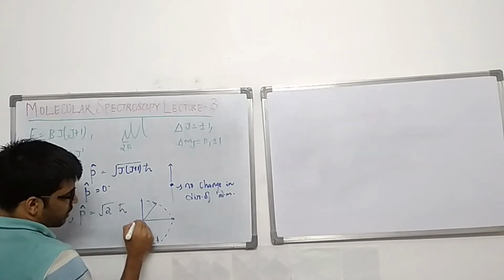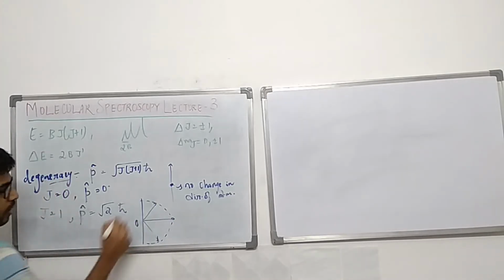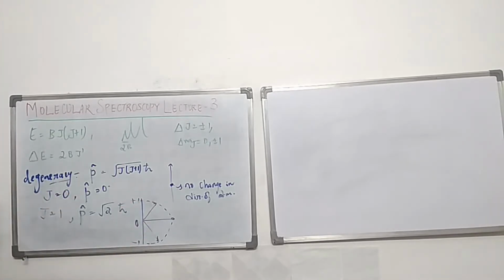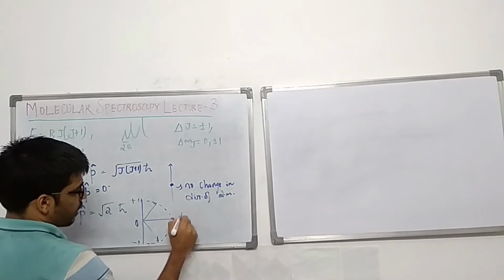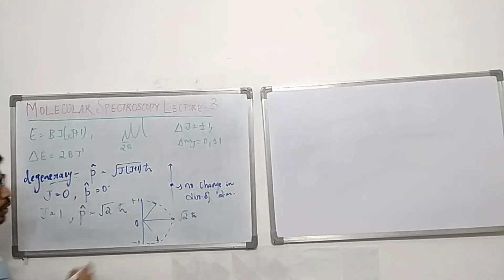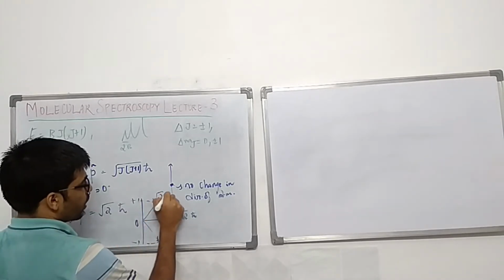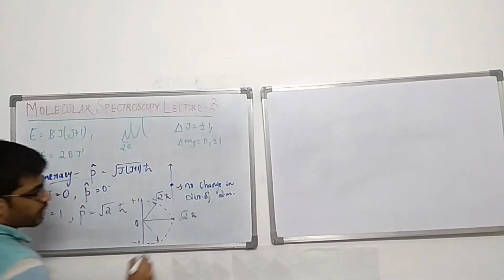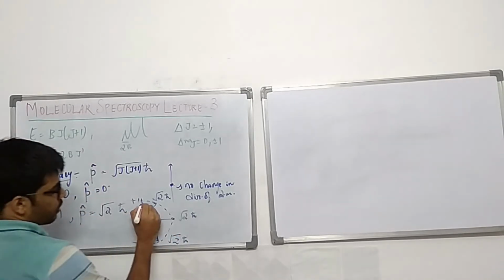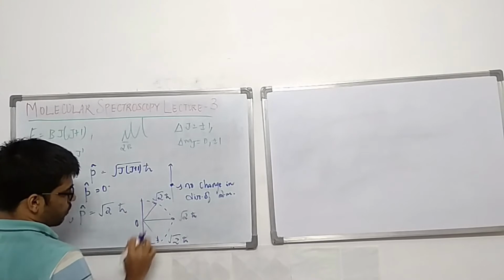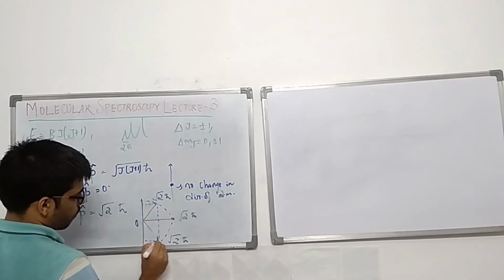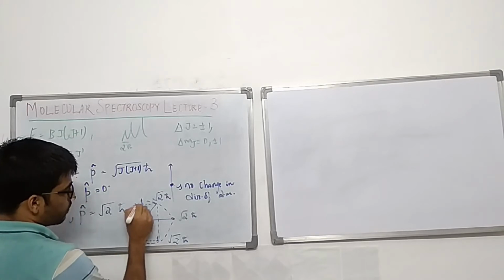Now, this is the axis, plus 1, minus 1. In other terms, it means that this has an angular momentum value of root 2 h cross. This also has root 2 h cross, and this also has root 2 h cross. This is minus 1, this is plus 1.